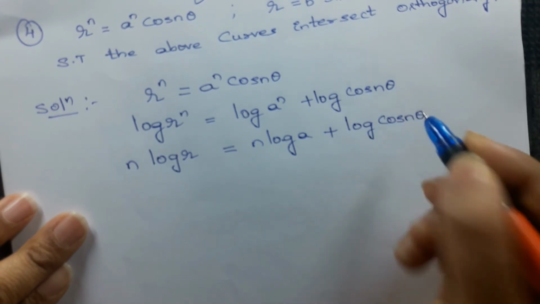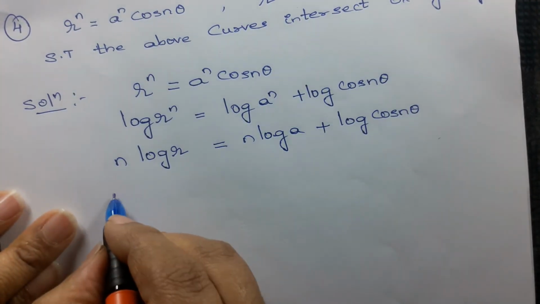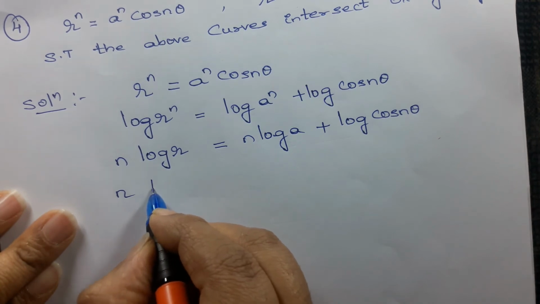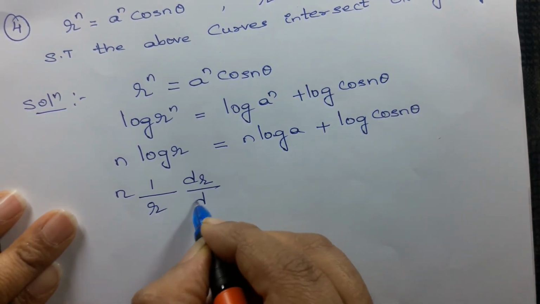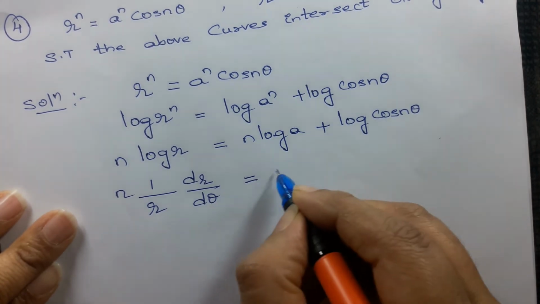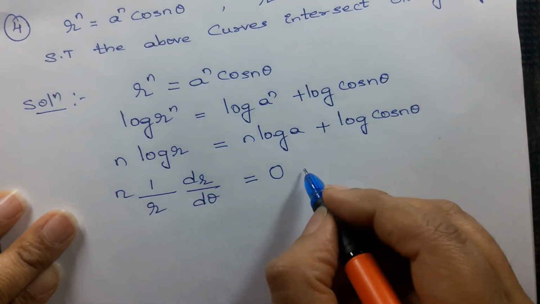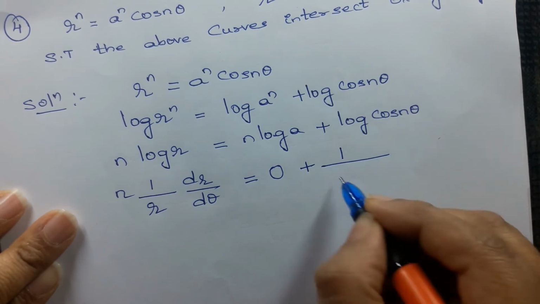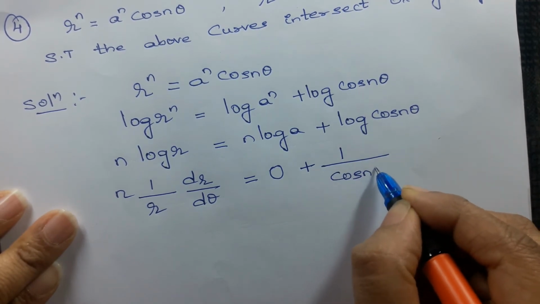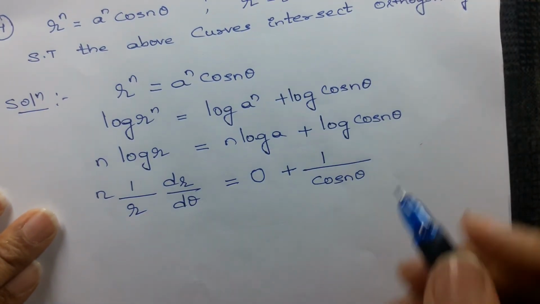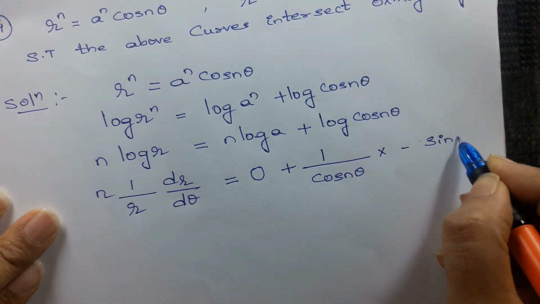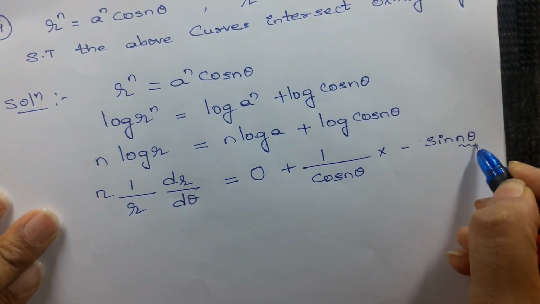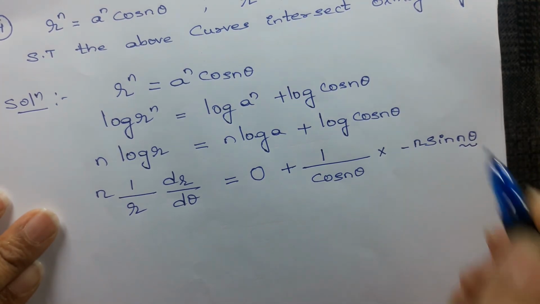Now I will differentiate with respect to theta. n as it is, log r differentiation is 1 by r dr by d theta. n log a is constant, differentiation is 0. Log of cos n theta gives 1 by cos n theta. Again I have to differentiate cos n theta, it becomes minus sin n theta, and differentiating n theta again gives n.